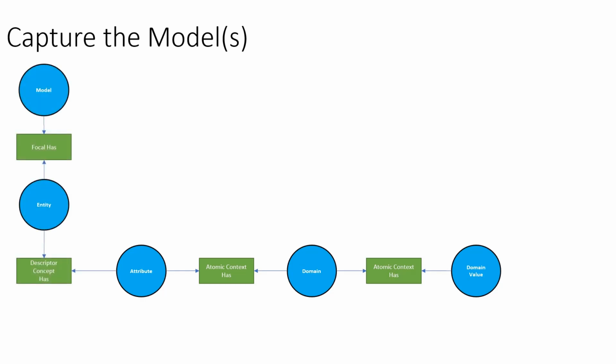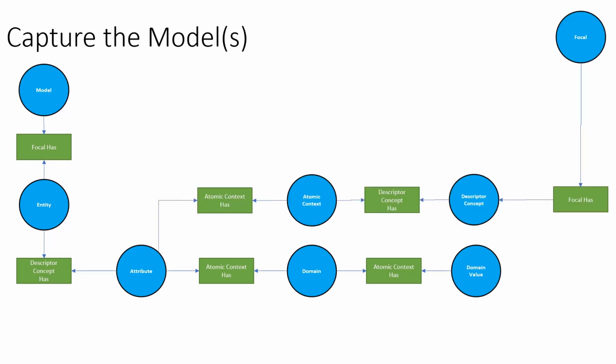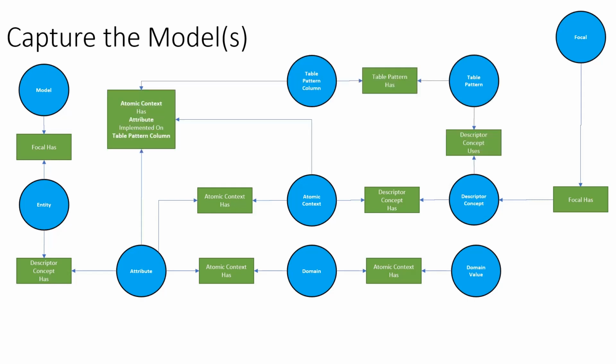If you remember, in the previous session we had a discussion about the representation of the focal logical model. And you can see that we are sharing the focal for attribute. We can also add the physical representation of the focal implementation.